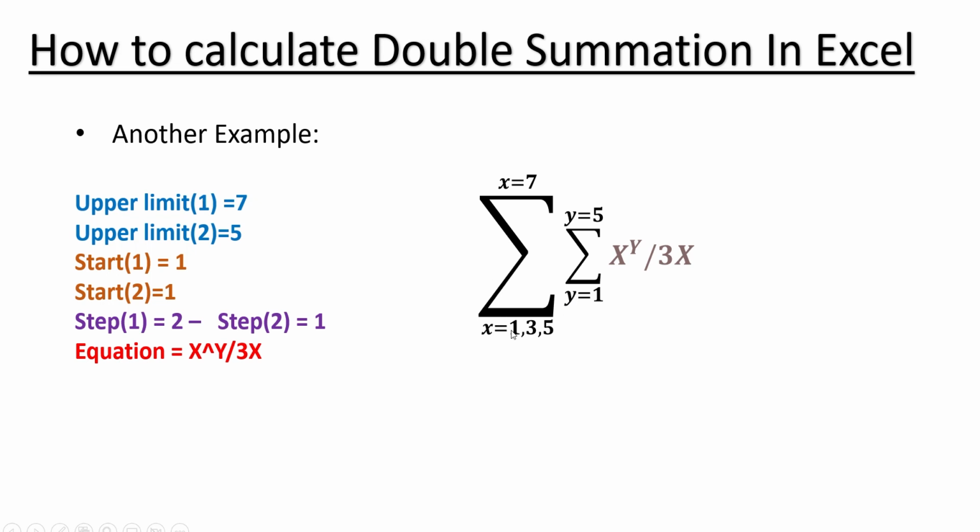The step for the first summation, step 1, is 2. Why is it 2? Because the values for x go through 1, 3, 5, 7, and the difference between these values is 2: 3 minus 1 is 2, 5 minus 3 is 2, 7 minus 5 is 2. And the step for the second summation is 1. Clear. And the equation is x power y, all divided by 3 times x.